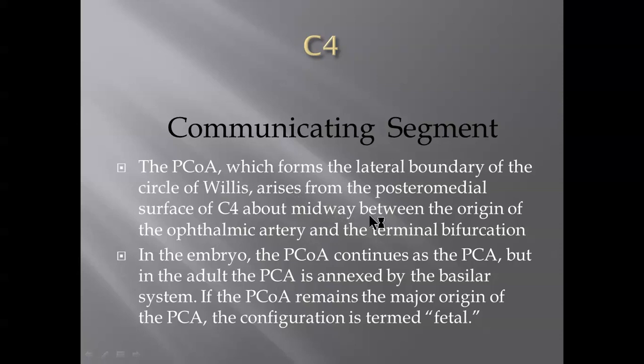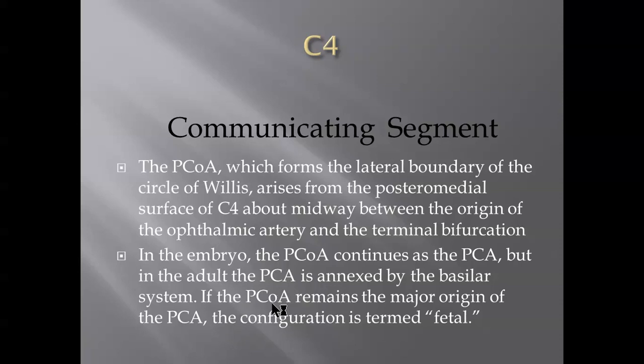Now, in the embryo, usually the posterior communicating artery is the continuation of the PCA, the posterior cerebral artery. But in adults, the posterior cerebral artery continues from the basilar system, that is the posterior circulation.